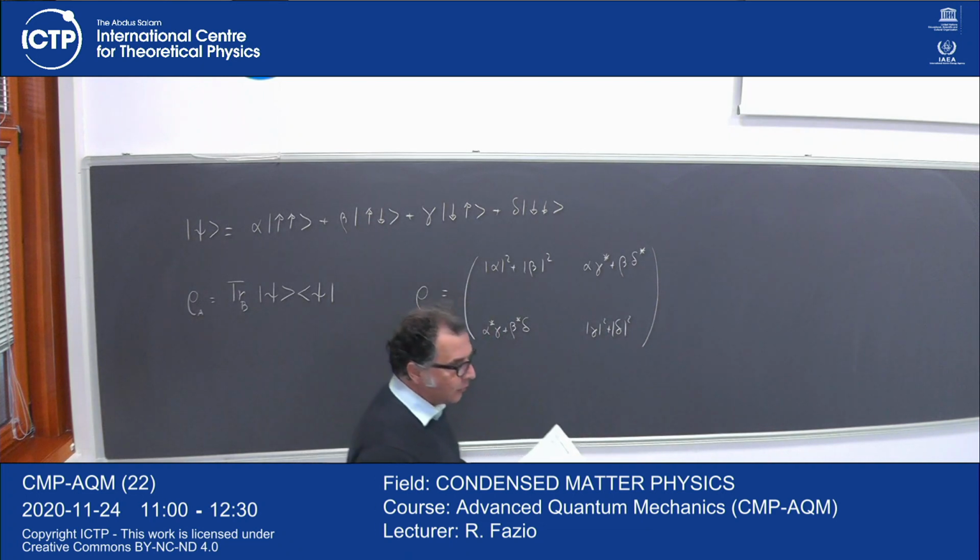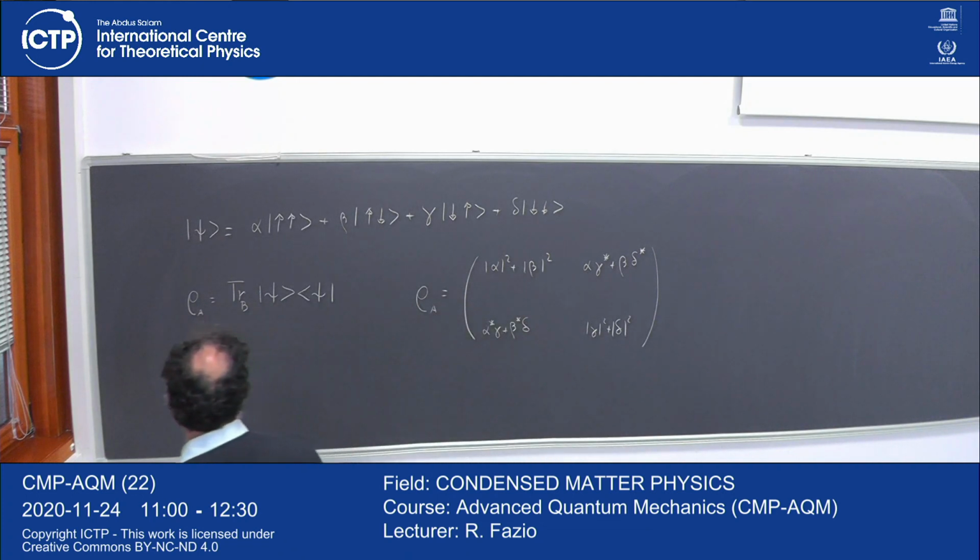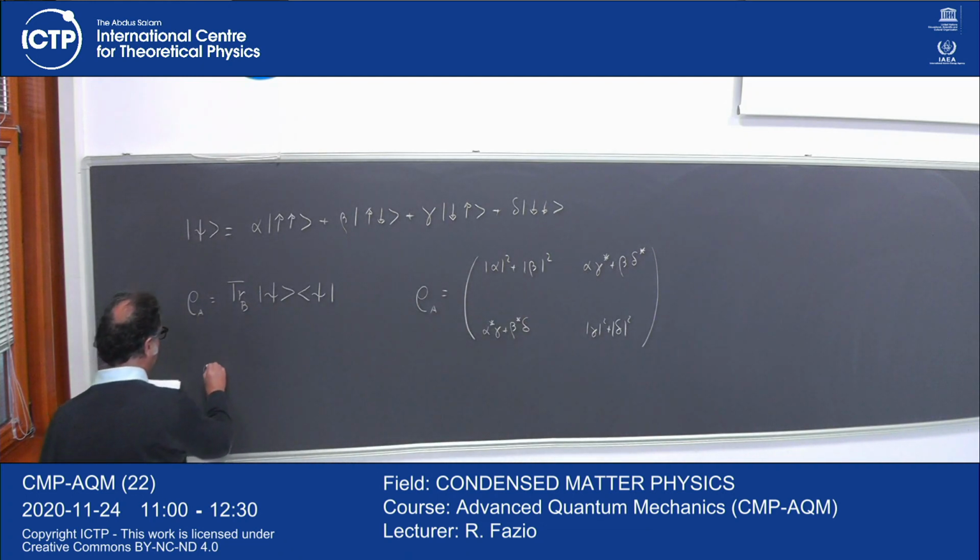Then the question was, let's try to find those states such that rho A is proportional to the identity.